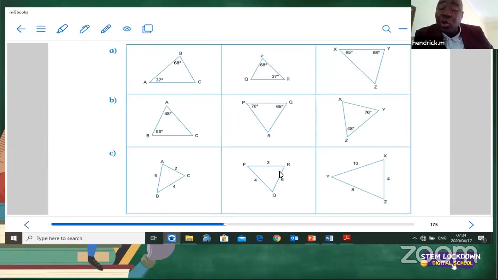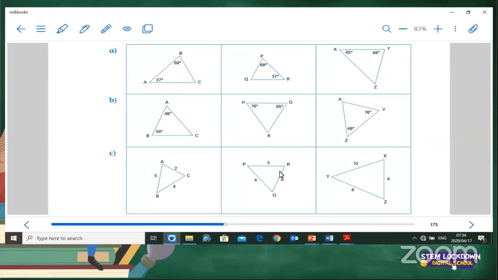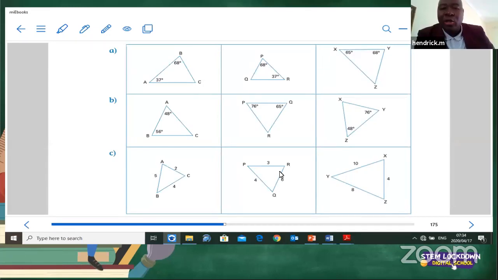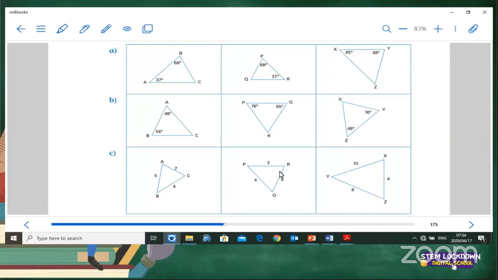Yes. So did you calculate C? What did you find the value for C there? 76 degrees. Yes. How did you find it? So I said A plus B plus C is going to equal 180 degrees. Then I took the values.